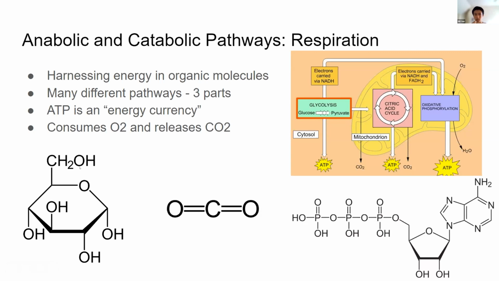That means you take away the hydrogens essentially and put them into energy molecules, like ATP. Eventually, if you oxidize and break down the glucose molecule enough, you get carbon dioxide. And this is the reason why when you exhale, carbon dioxide is released, right?